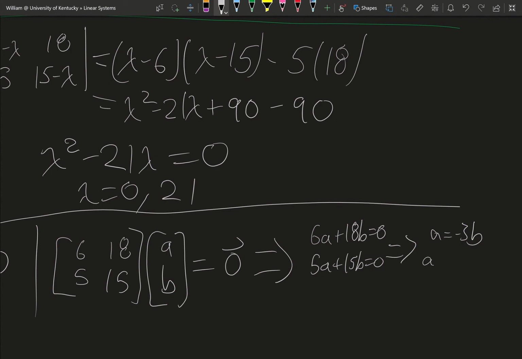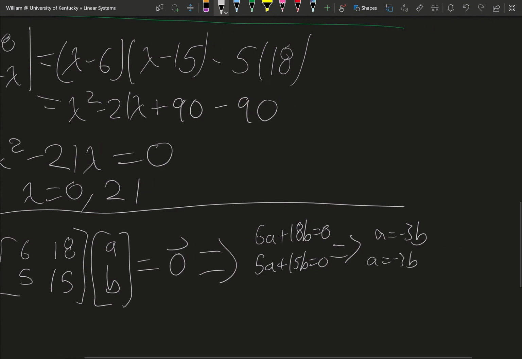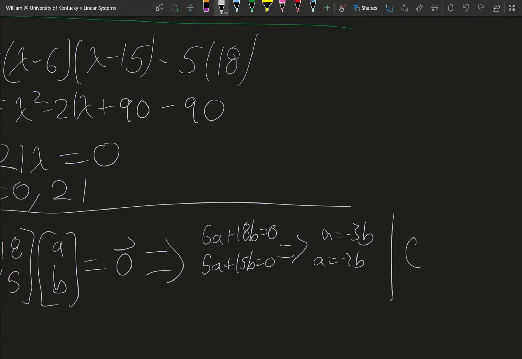And same for down here. So I can say that my eigenvectors are all of the form c1, negative 3, 1.